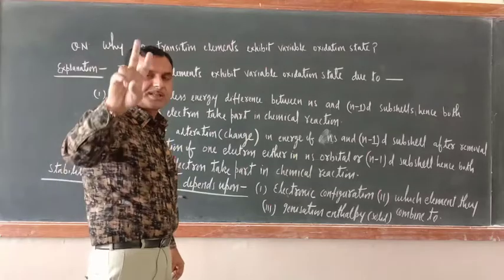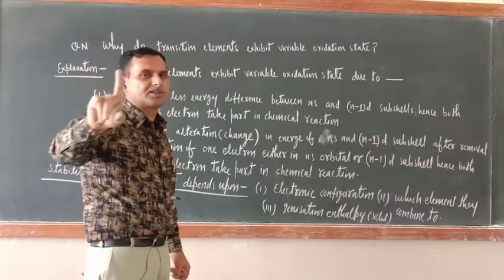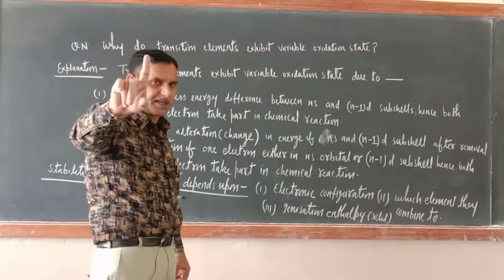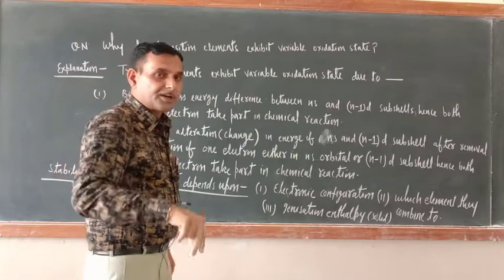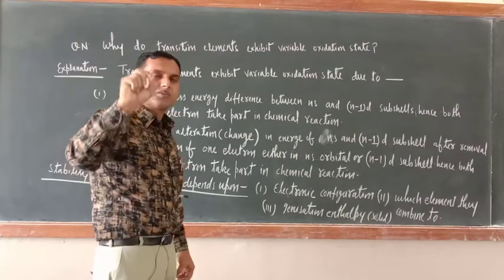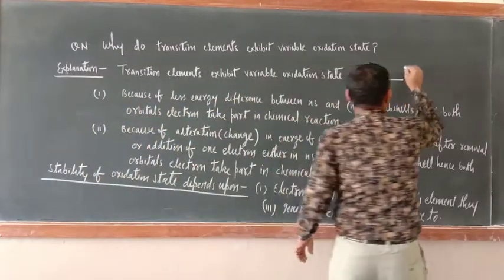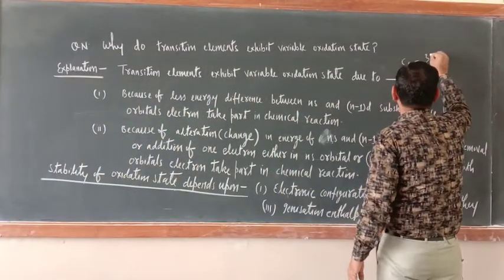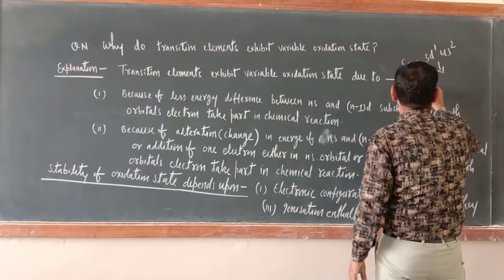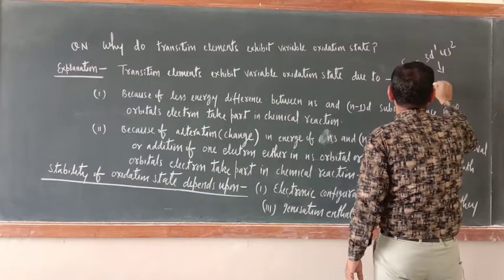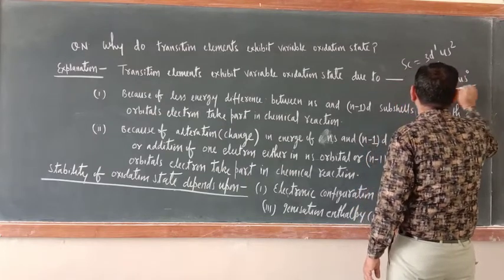Scandium, what is the stable oxidation state for that one? +3. That is not exhibiting variable oxidation state, only one oxidation state, that is +3. See, if 3 electrons are removed from scandium, what is the electronic configuration of scandium? The electronic configuration of scandium is 3d1 4s2. Now remove all 3 electrons. So Sc3+, that is 3d will have 0 electrons, 4s will have 0 electrons.